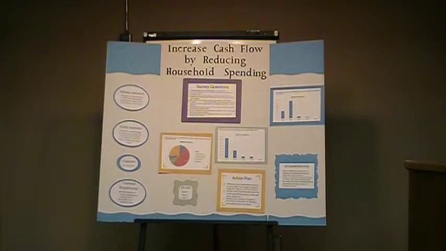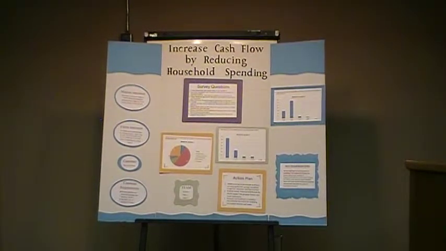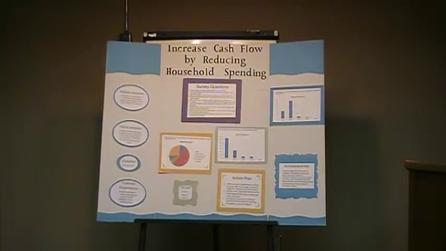You can't really do a lot with them, but one big area that a chunk of a lot of people's budget goes to is the household budget, or food and personal care type items. So this was something that I could work with in reducing. So that's how I came to choose the problem, or the process, and came up with my title, to increase cash flow by reducing household spending.